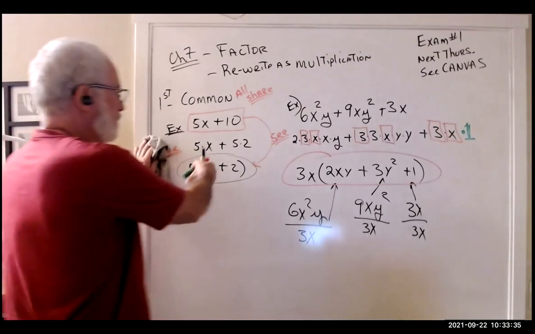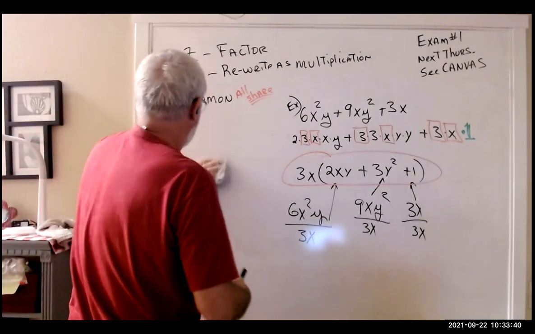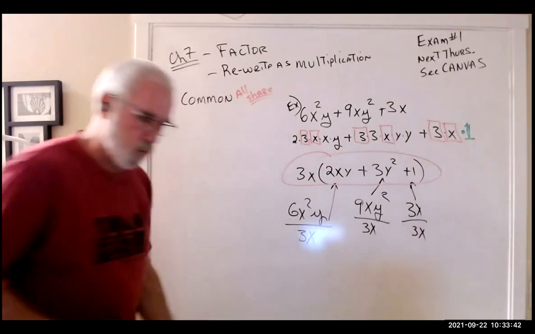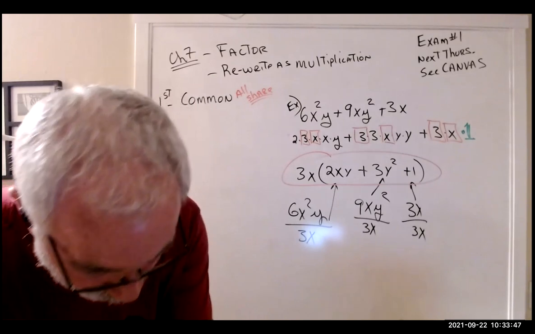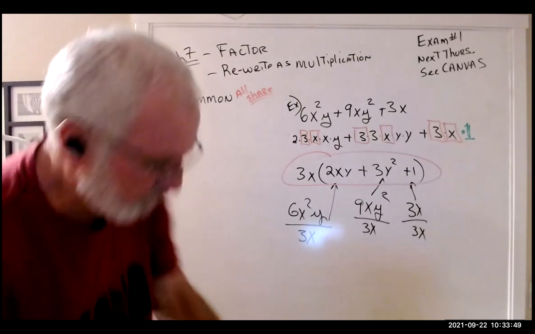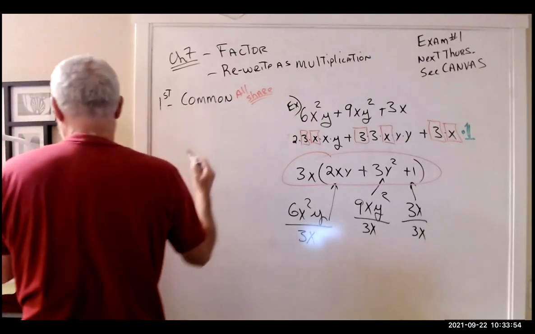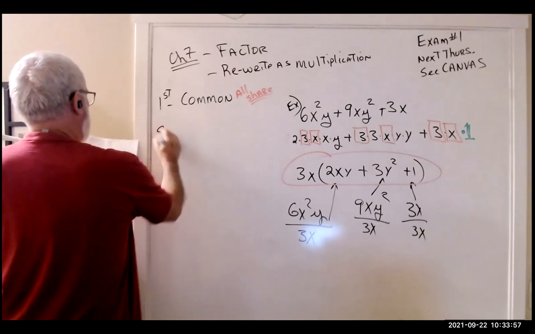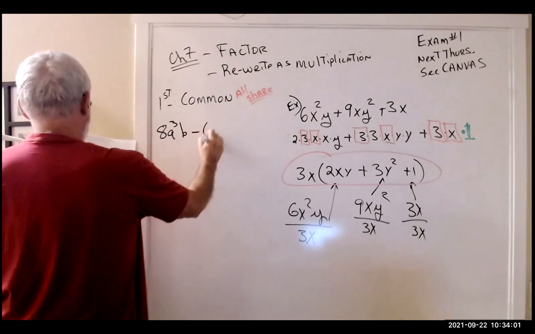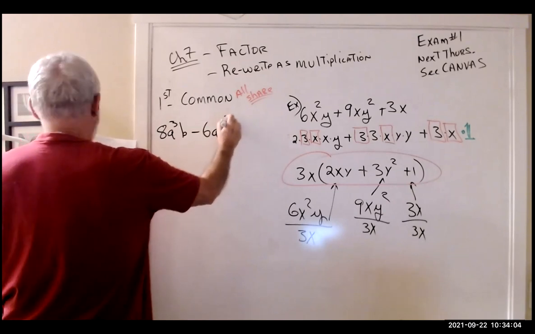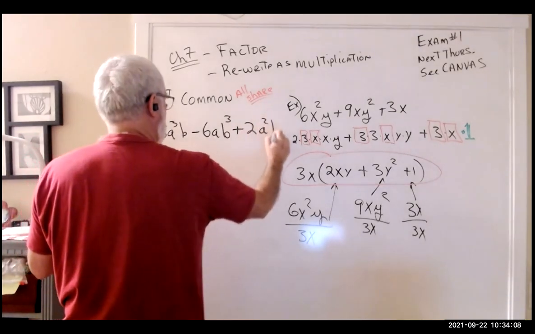I need to erase this first one. Is that okay? Okay. So let's go with this one, 8a to the third b minus 6ab to the third plus 2a to the second b to the second.